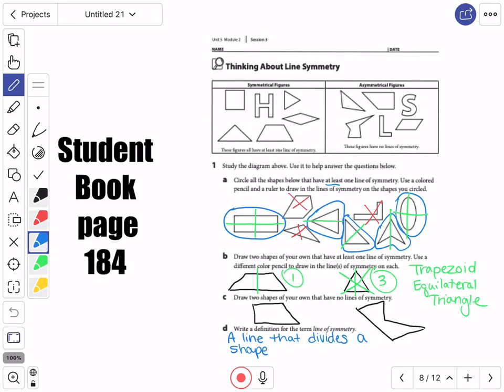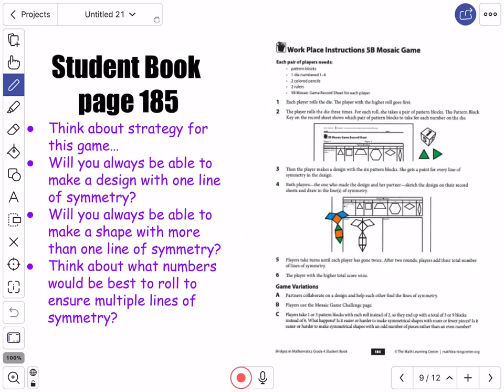I'm going to go ahead and say a line that divides a shape into 2 halves that match exactly if you fold them on top of each other.